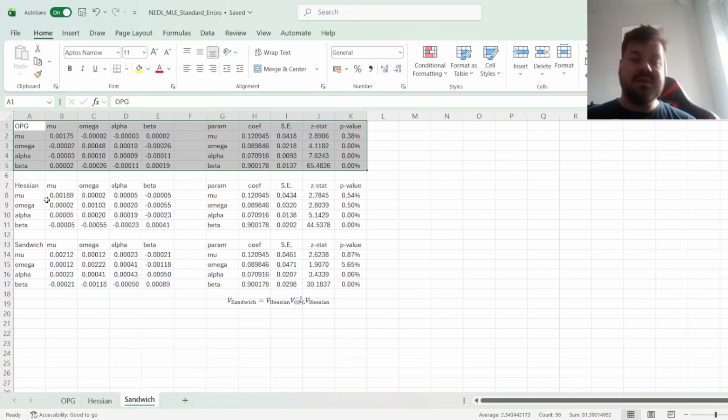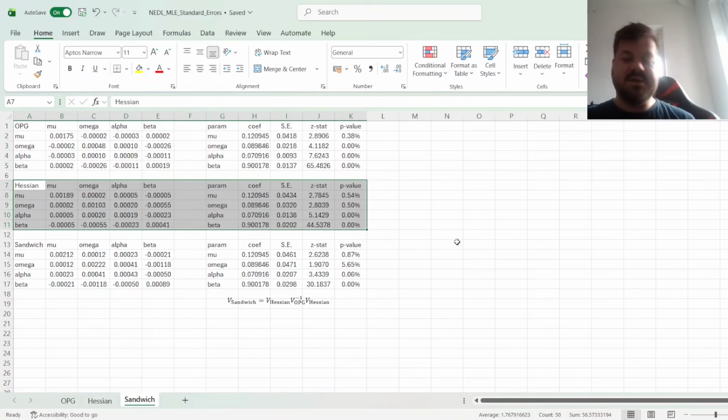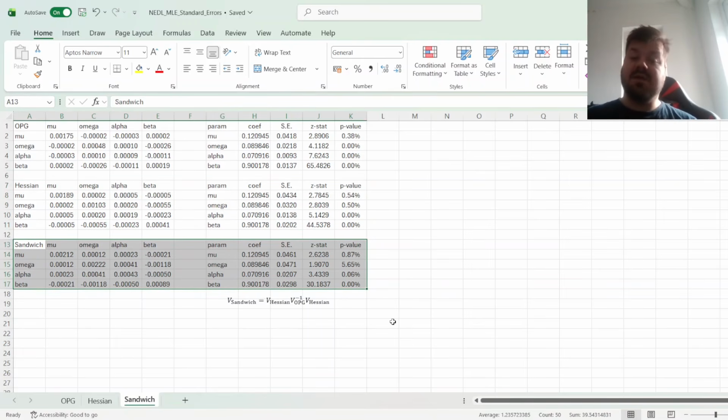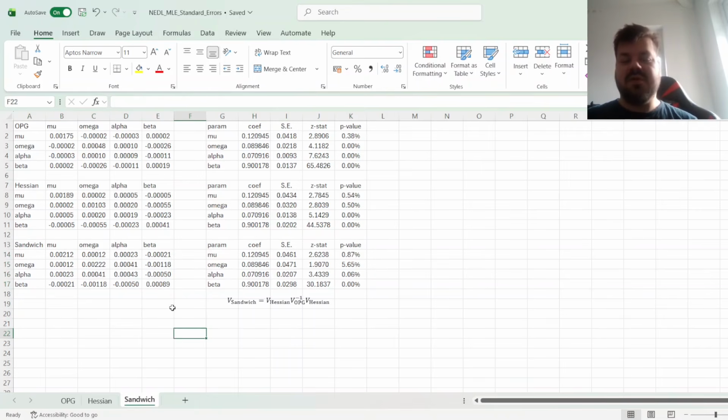If your sample is small, but you trust that your model is not prone to misspecification, if your model is correctly specified, then you can use the Hessian matrix approach. But as a good practice, if you are worried about either of those or both, then the sandwich method is the go-to approach. And that's all there is for the application of the sandwich covariance matrix estimation for maximum likelihood models.